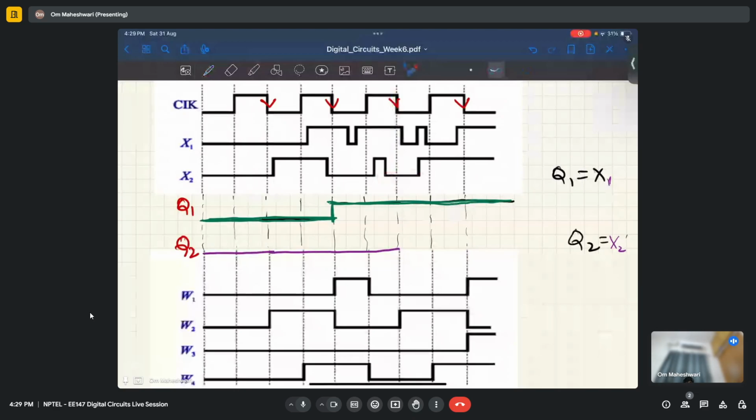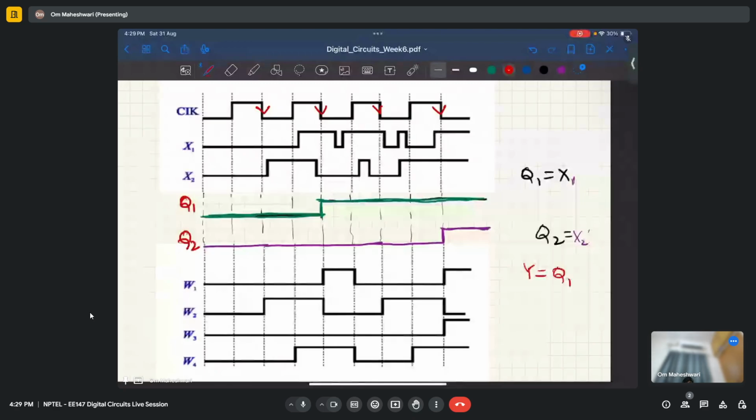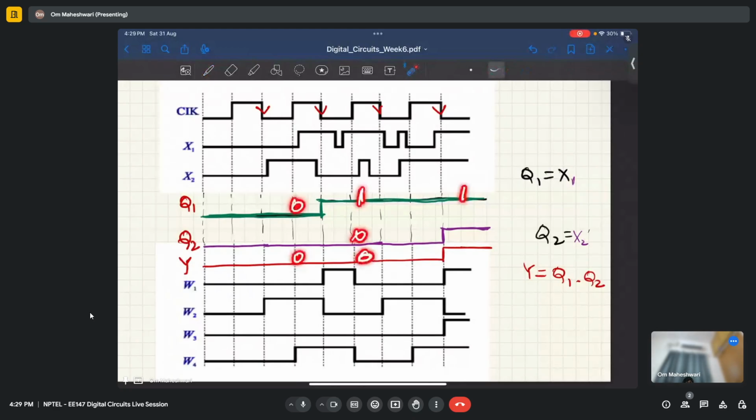And your Y is what? Q1, Q2. So Y will be, when both are 1, it will be 1. Right? It will be 0, 0 here. It is 1 and 0, so it will remain 0. It is 1, 1, then it will go 1.